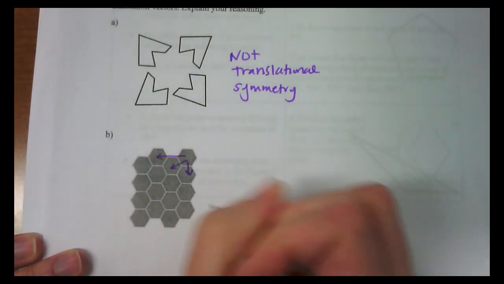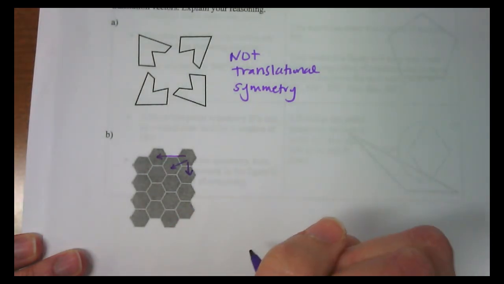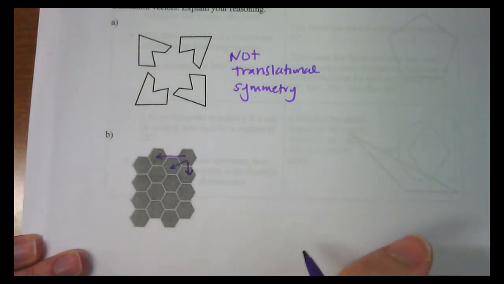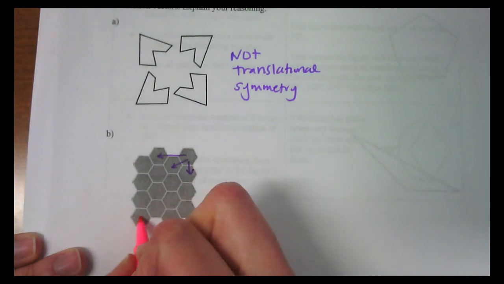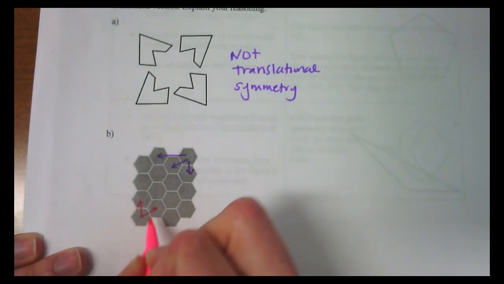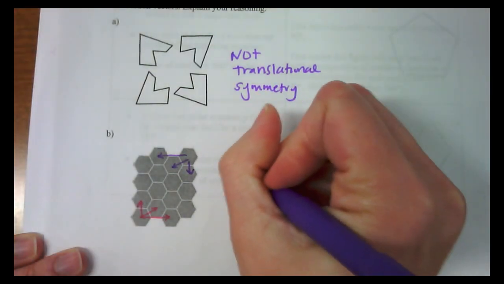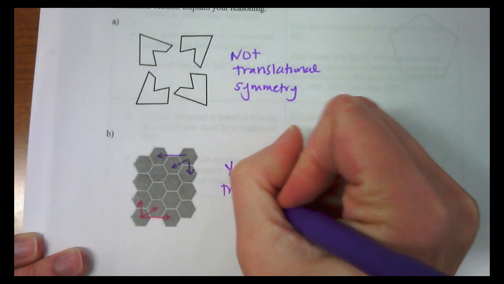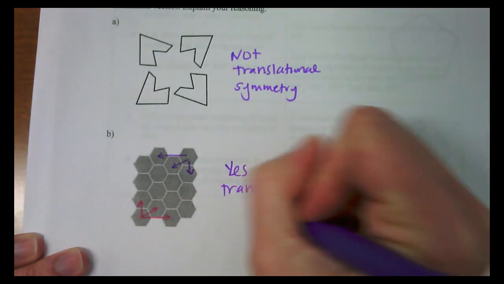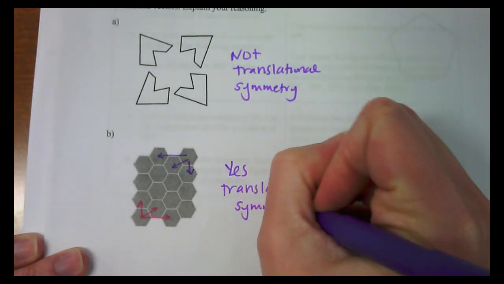So those are some examples of how I could show the vectors. It doesn't necessarily have to be that way. I could have started at the bottom and said I slid this one up here, this one up, and this one over. So there's more than one way we can do this problem. So this one does have translational symmetry.